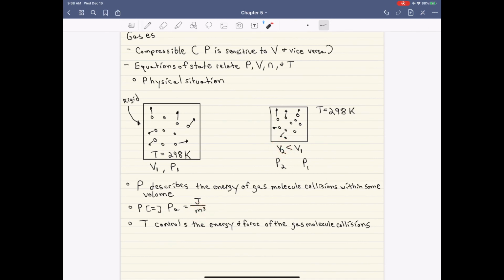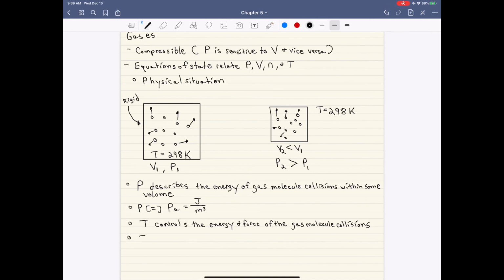And so, if we have the same energy, but now we have a smaller volume, that means that the pressure in the system must go up, just based on pure math, right? If energy is the same, but now the volume is smaller, if we divide that energy by a smaller volume, that means we're going to get a larger pressure. Okay?